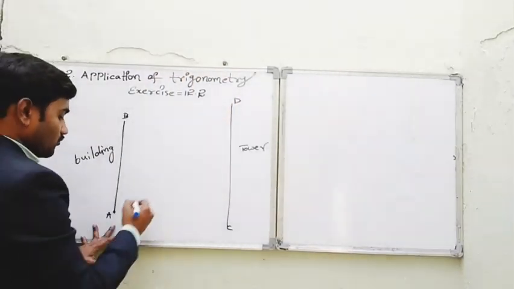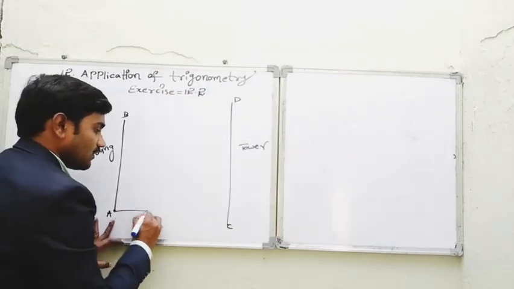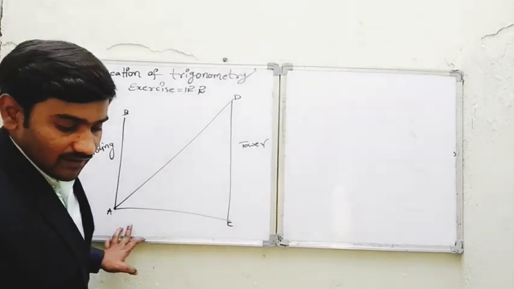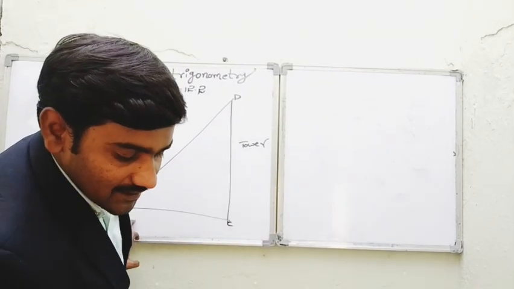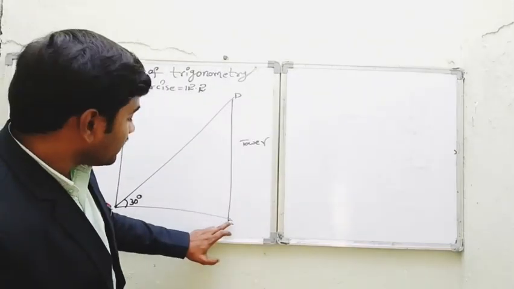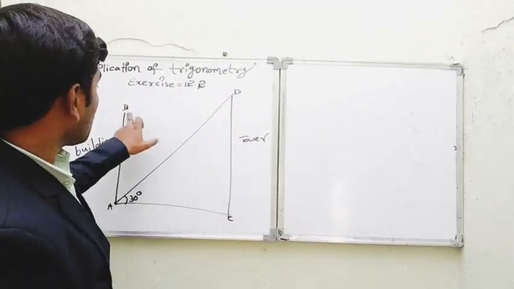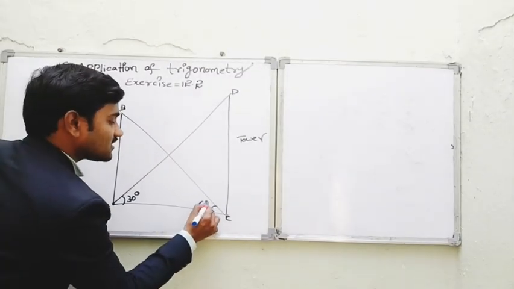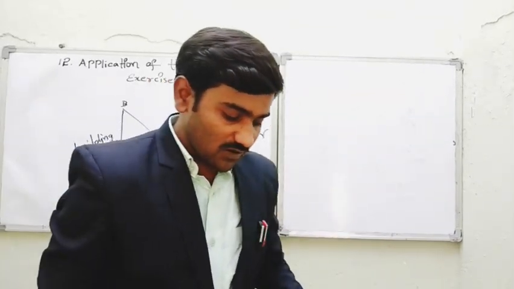From the foot of the building to the top of the tower, the angle of elevation is 30 degrees. Now from the foot of the tower to the top of the building, the angle of elevation is 60 degrees. So this is what they have given.